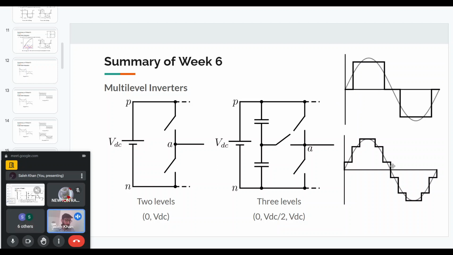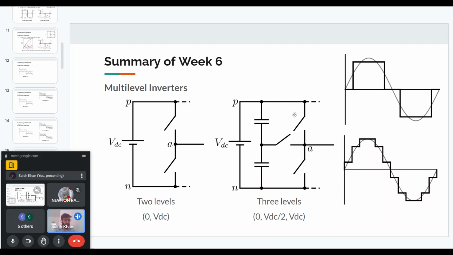However, if we had multiple levels, then we can more closely approximate the sine wave. That means the harmonics in the current and voltage will reduce, and that will give us a lower THD, better quality waveform at the output.